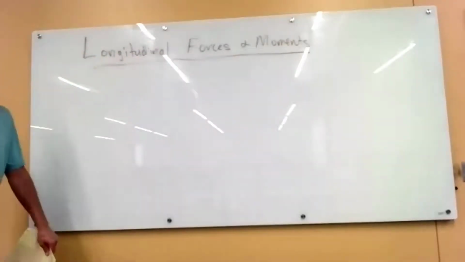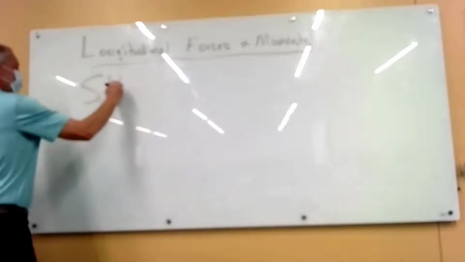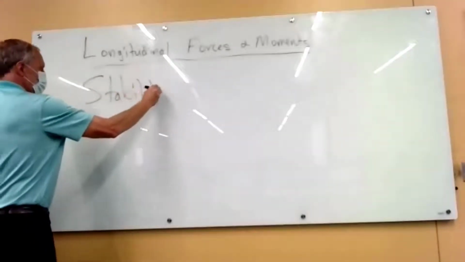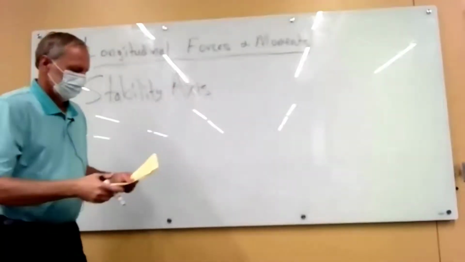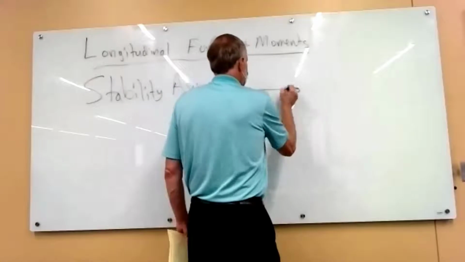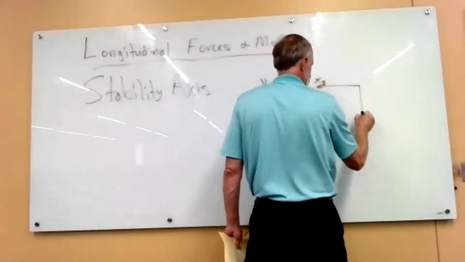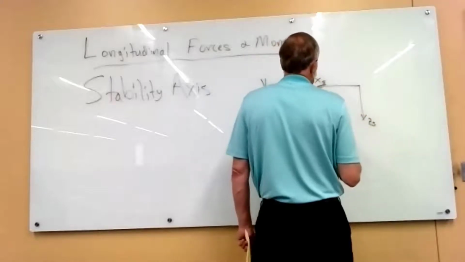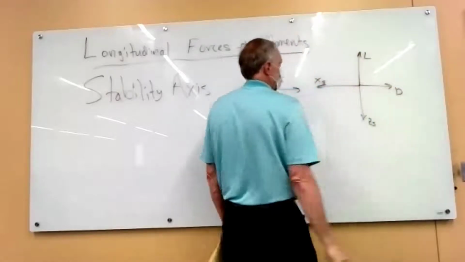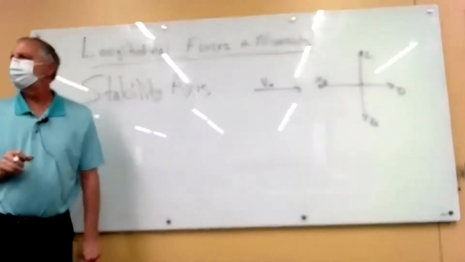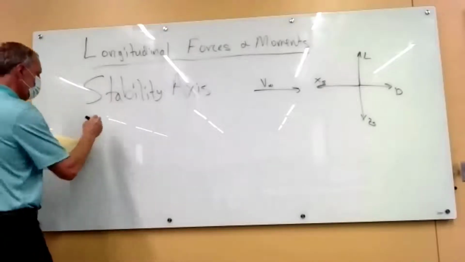All right, so we're doing the longitudinal forces and moments, and we're doing this in the stability axis. So that's the axis system that points into the wind. And so that means lift and drag are perpendicular and parallel to that axis system. And again, we talked about that before, it makes things easy.